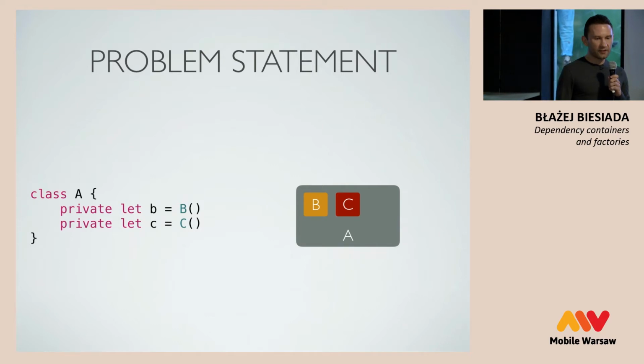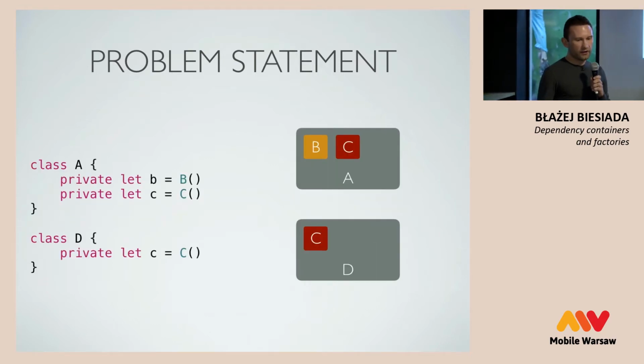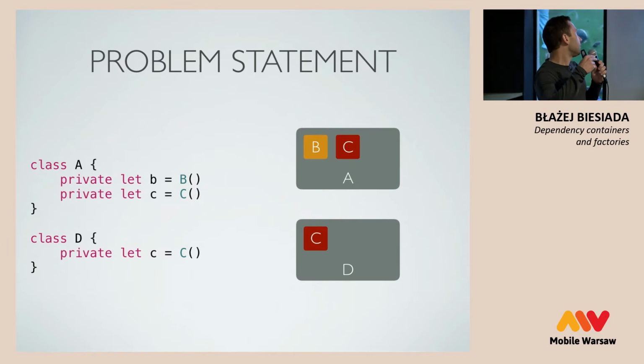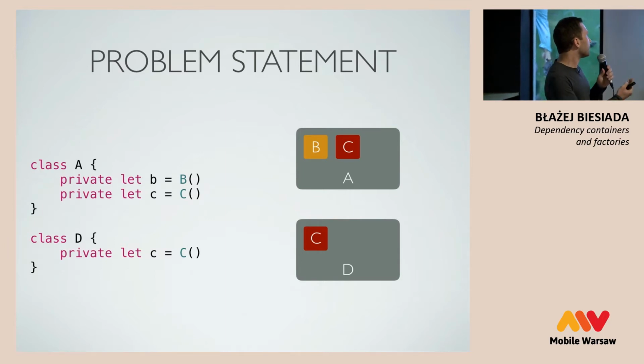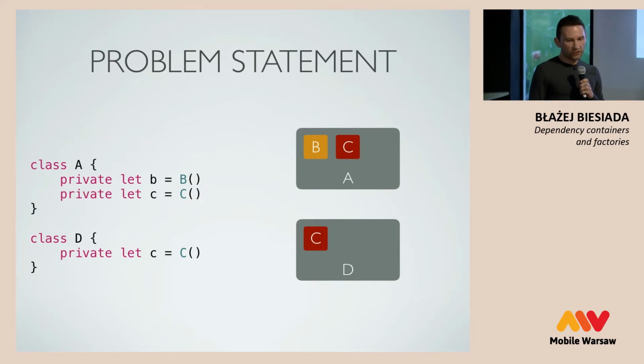You can have even something more complex, where it goes one level deeper, where you have object A, which is dependent on B and C. And then you have object D, which also is dependent on C. And here, the issue is that you might need to have the same instance of C inside of A and D. How do you inject the same instance of C into A and D?